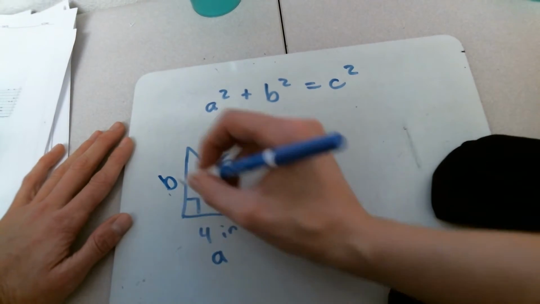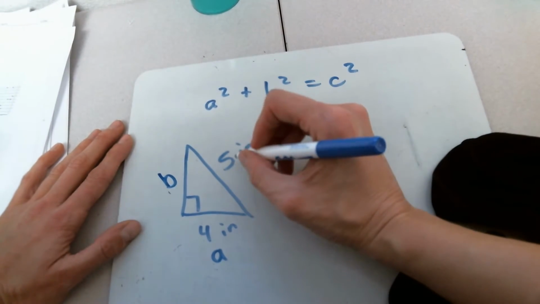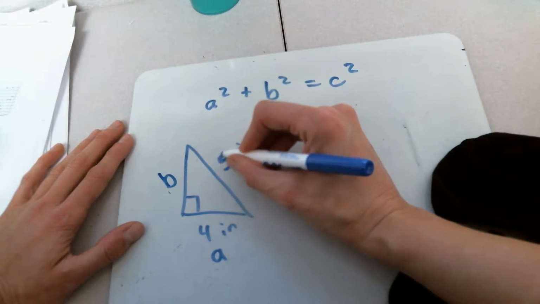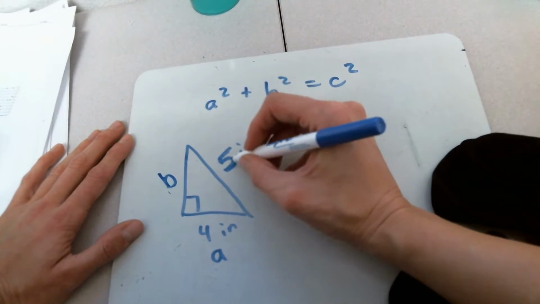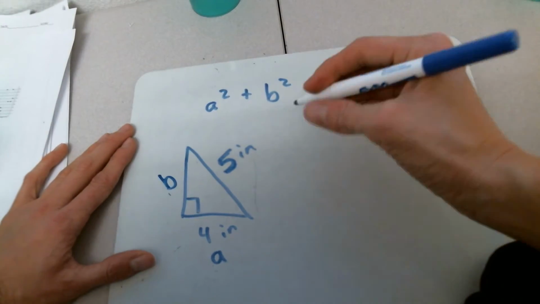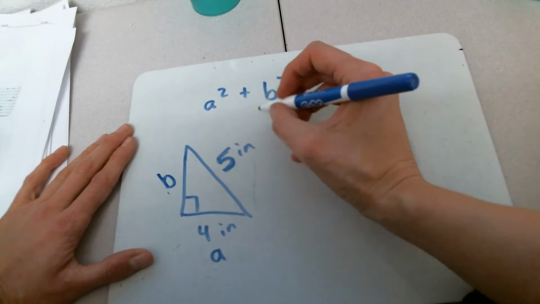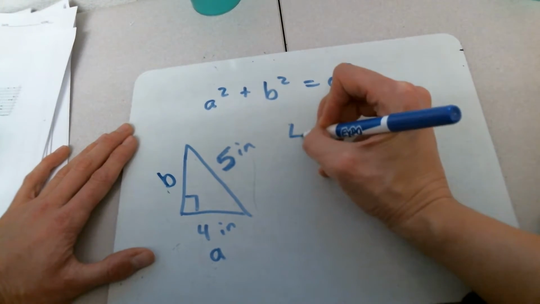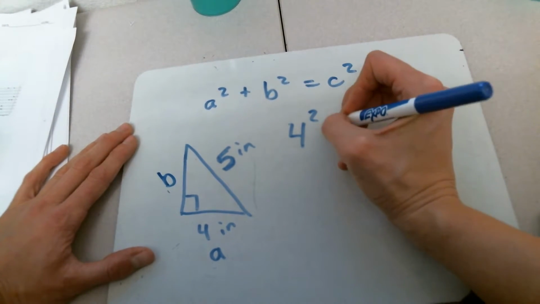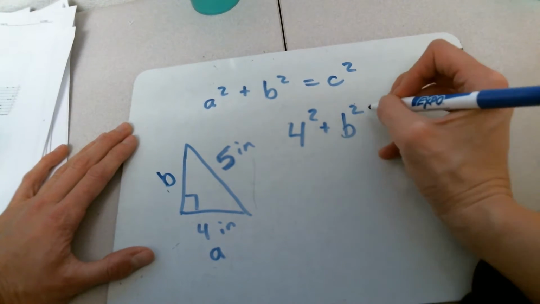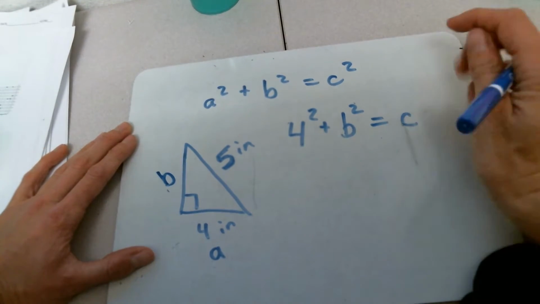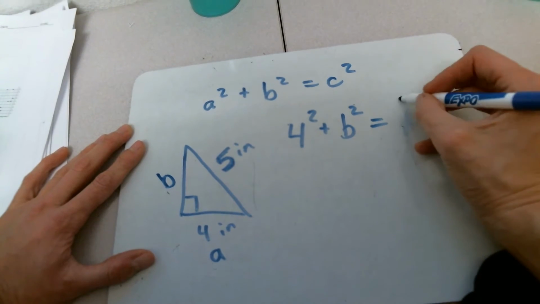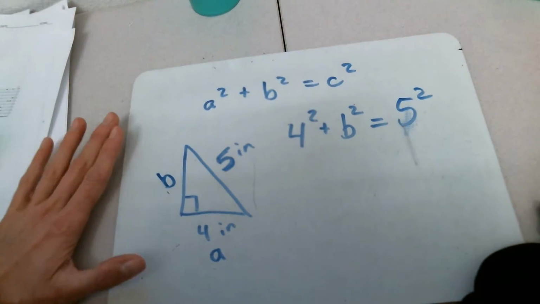Call the 4 inches A, the unknown side B, and the hypotenuse my C, or my 5. Okay, let's substitute values in. A is 4, so 4 squared plus B squared equals C squared, and my C is 5, so I'll put 5 squared in there.